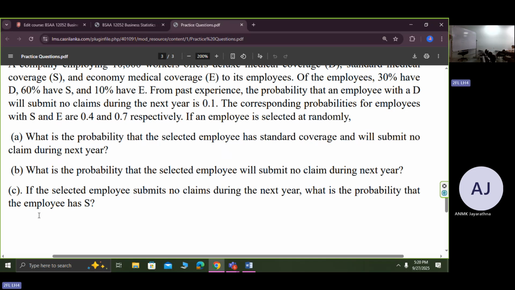Understood? Then we calculate the revised probability. We call it Bayes' theorem.